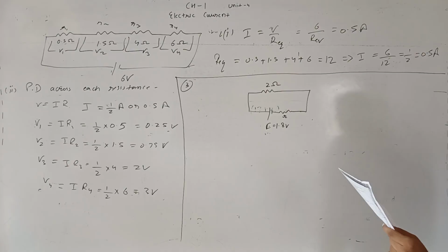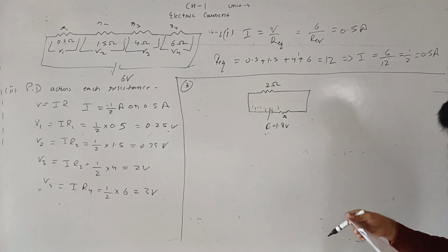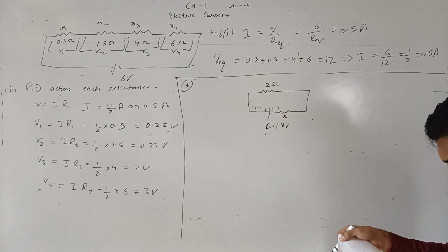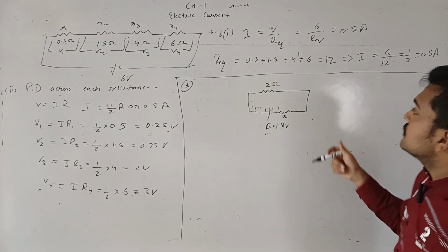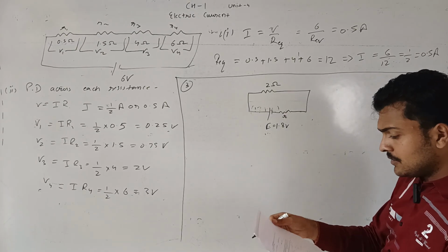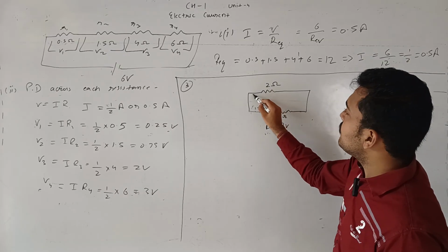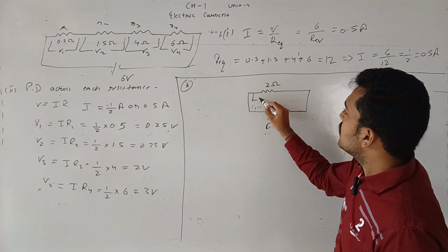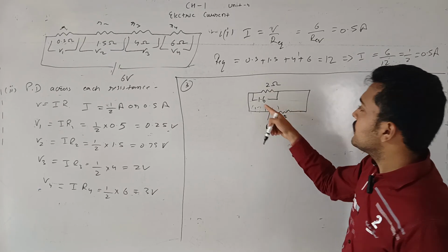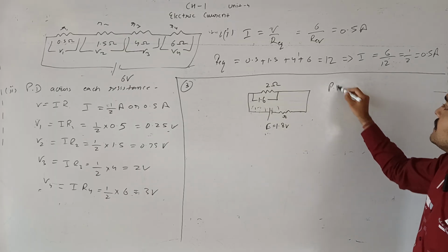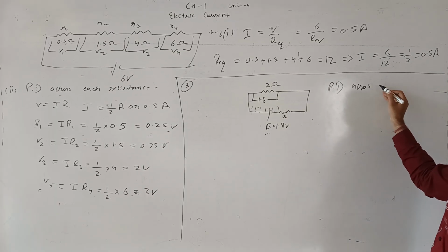The potential difference across the 2 ohm resistance is 1.6 volt.